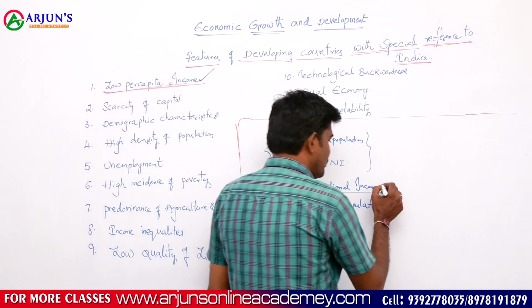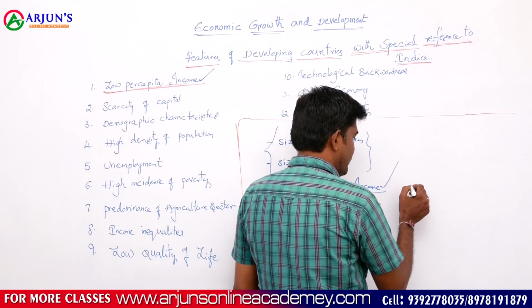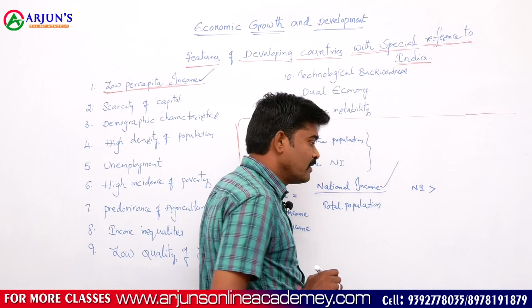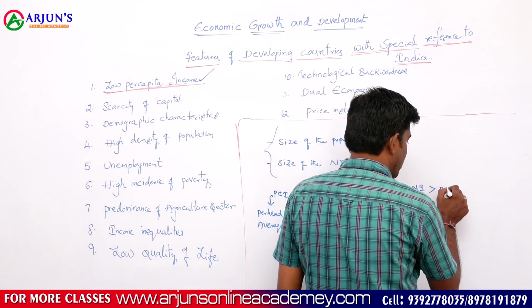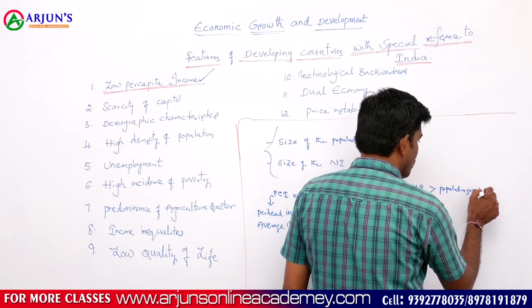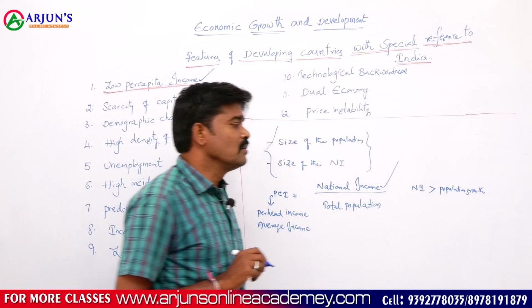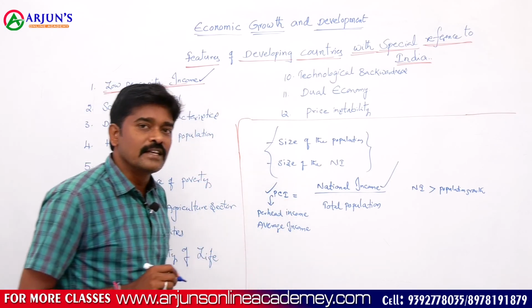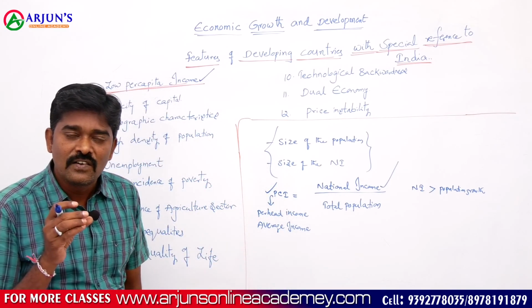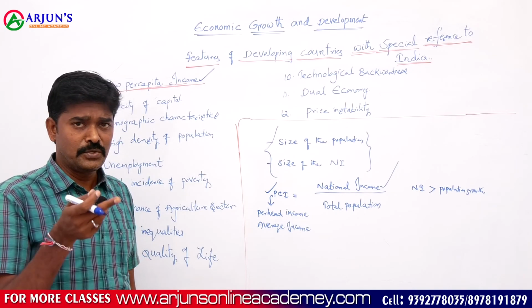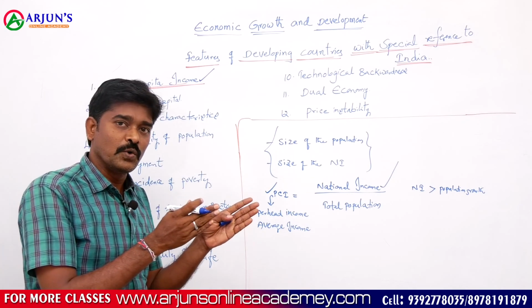We get the per capita income by dividing national income with the total population. Whenever the growth rate of national income is more than the growth rate of population, the per capita income increases. Then the saving ratio increases.